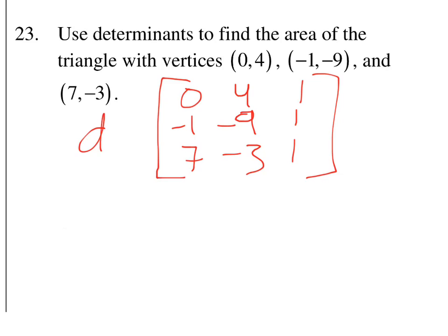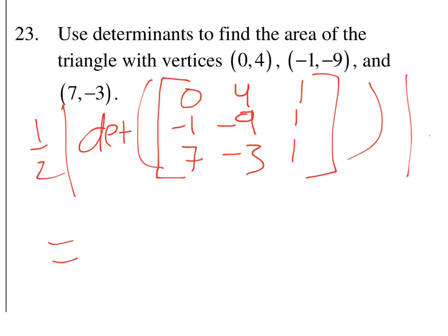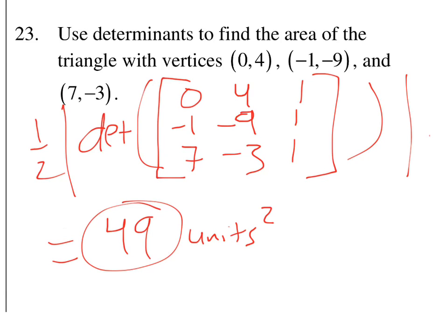And once you have that, you're going to get the determinant of that, find the absolute value of it, making it positive, and then multiply by 1/2, and that'll give you the area, which, hold on. Alright, yeah, if you do that and multiply by 1/2, you get 49, and that's going to be some sort of units squared. Anyway, so there's the vector stuff.